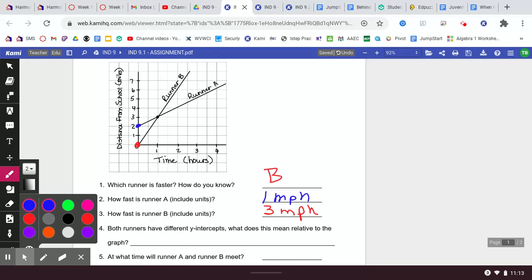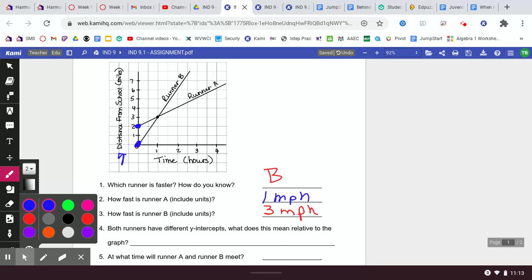What does the y-axis address? Yeah, their y-intercepts are different because they started at different places. Because our y-axis is named distance from school, if one starts on the y-axis down here and the other one starts up here, then it means they didn't start at the same distance from the school. Okay? All right, good. At what time will runner A and runner B meet?